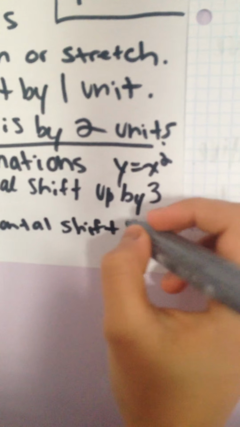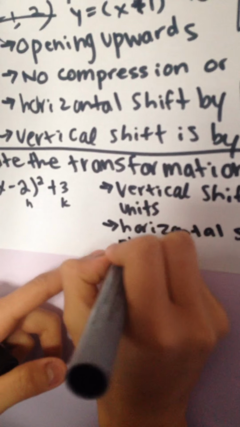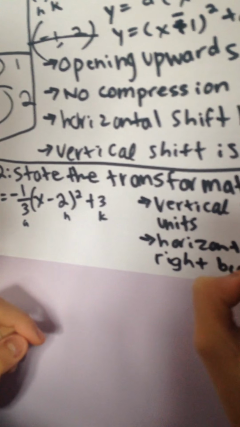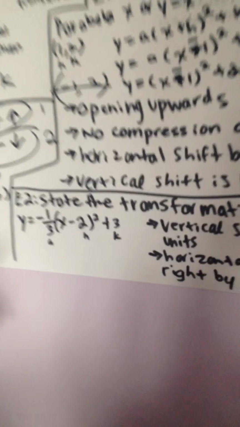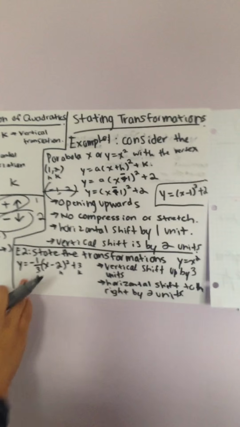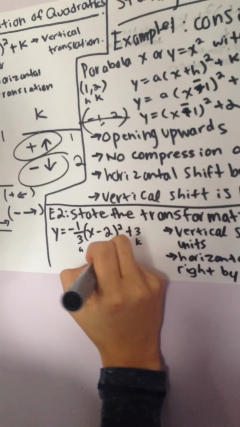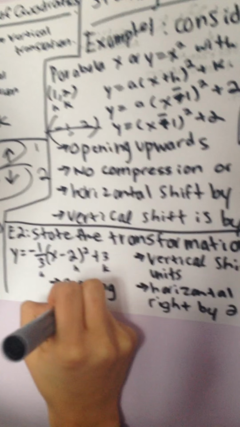Horizontal shift to the right, because this is negative, by 2 units. And we can tell from the a value that it is opening downwards because it is negative. Opening down.